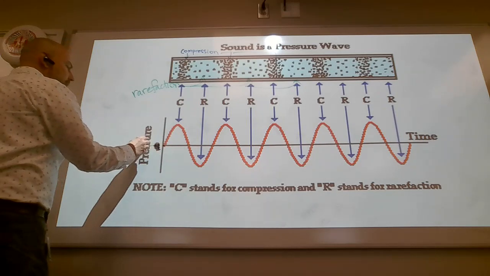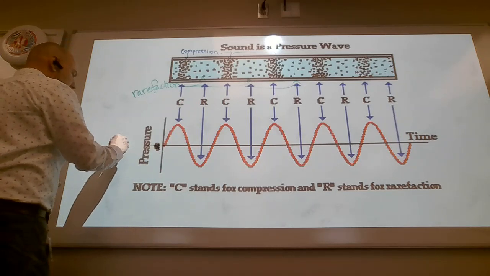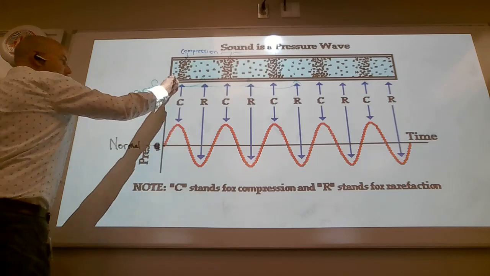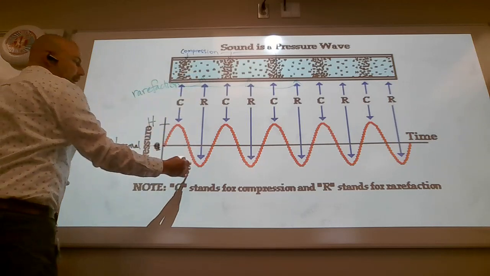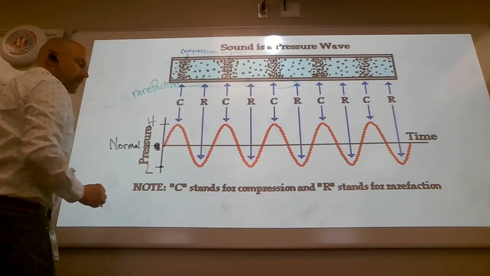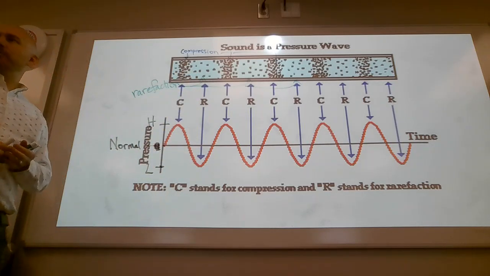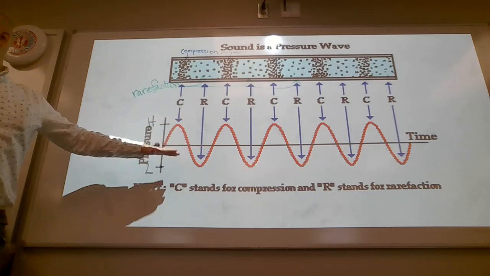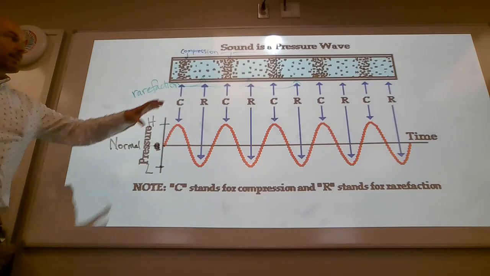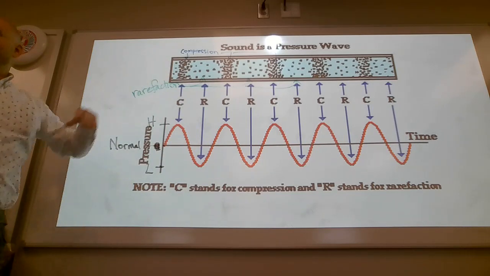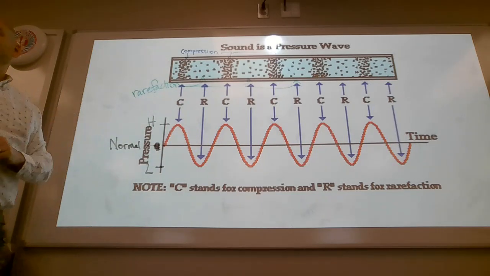This would be normal pressure. At the compression, you have high pressure, and at the rarefaction, you have low pressure. So they'll draw it as a pressure graph: high pressure, low pressure, high pressure, low pressure. Instead of drawing it like that, which is hard to draw. Cool with that?